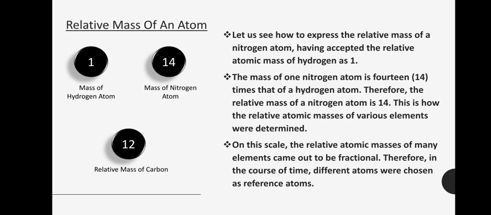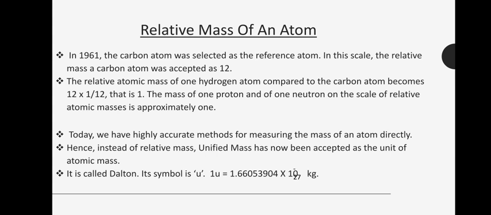On this scale, the relative atomic masses of many elements came out to be fractional. Therefore, in the course of time, different atoms were chosen as reference atoms so that they would not be fractional. Okay. In 1961, the carbon atom was selected as the reference atom. Initially, we selected hydrogen as the reference atom. Now, we have selected carbon as the reference atom.